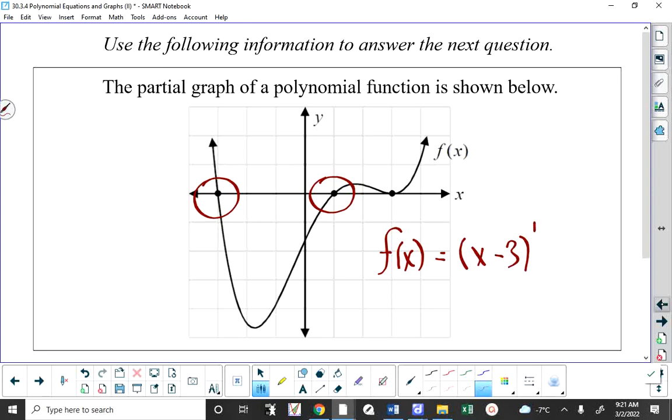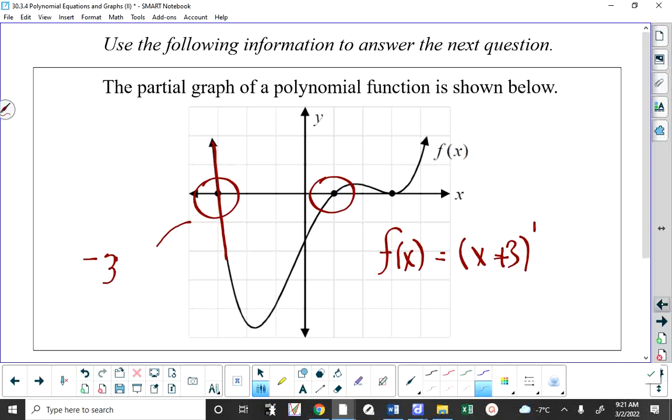This x-intercept is equal to negative 3, which means we need a factor that has a 0 of negative 3. But because the curve goes through that point nice and cleanly, it doesn't wobble, it doesn't waver, it doesn't hesitate, it just goes through with determination, then the degree on that factor is 1. And we call that degree multiplicity.